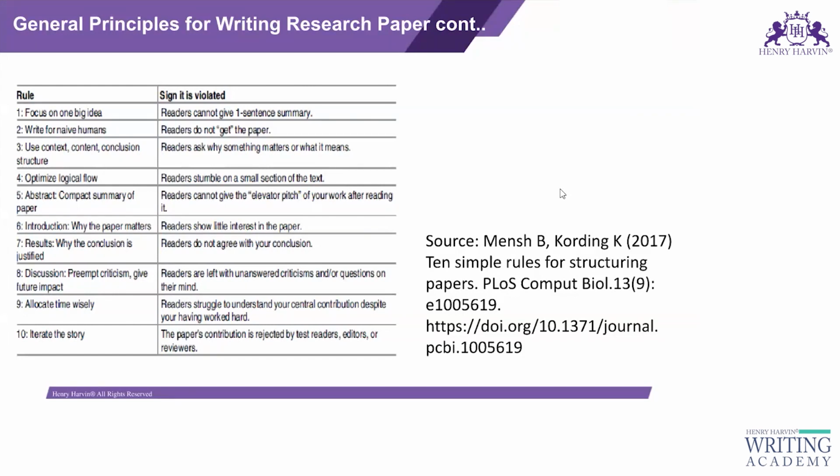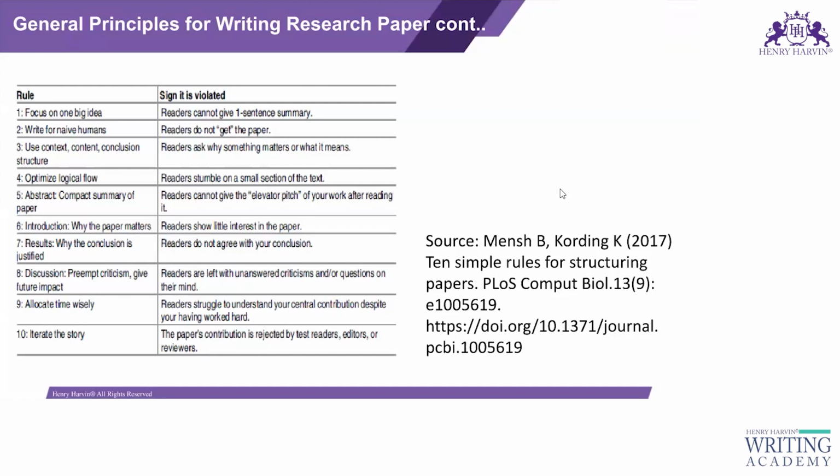If your title is not written properly, the readers will not be able to say what your article is about. Then, write for naive humans. If you have written in very highly technical language or in a very complex manner, many of the readers will not get the paper.